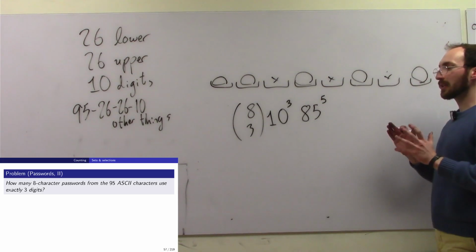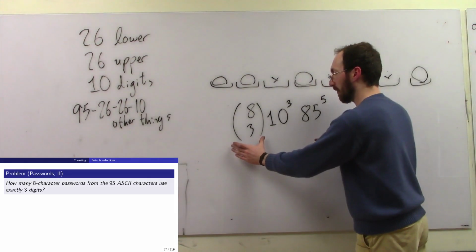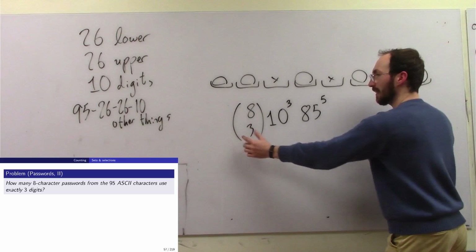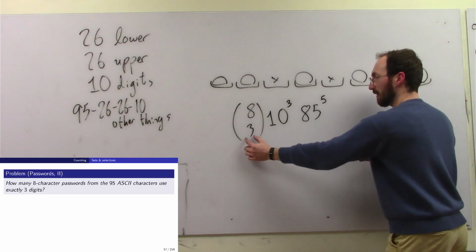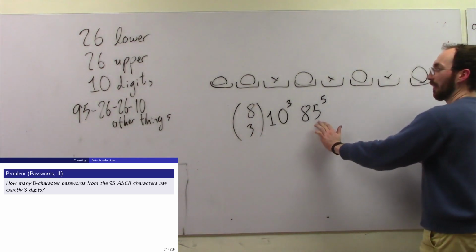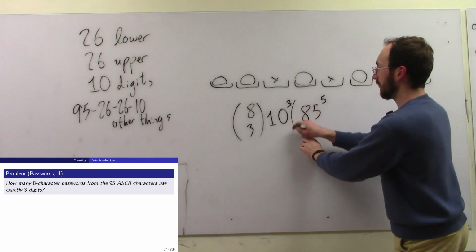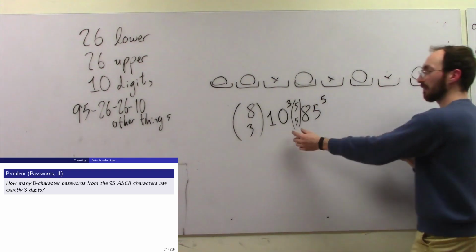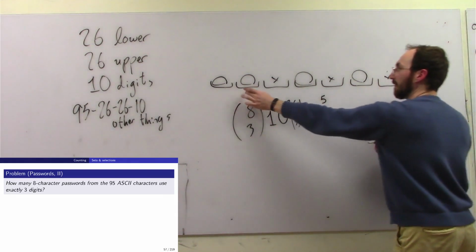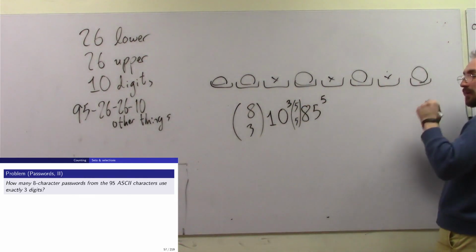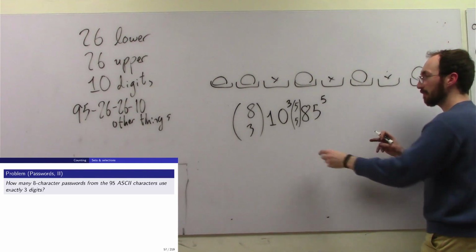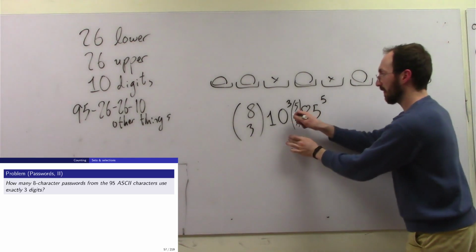Once I decided where my digits were with this 8 choose 3, we can think of this invisible 5 choose 5, which tells us that I'm left with 5 spaces, and I'm going to use those 5 spaces to pick my other elements, if we want to think of it that way.